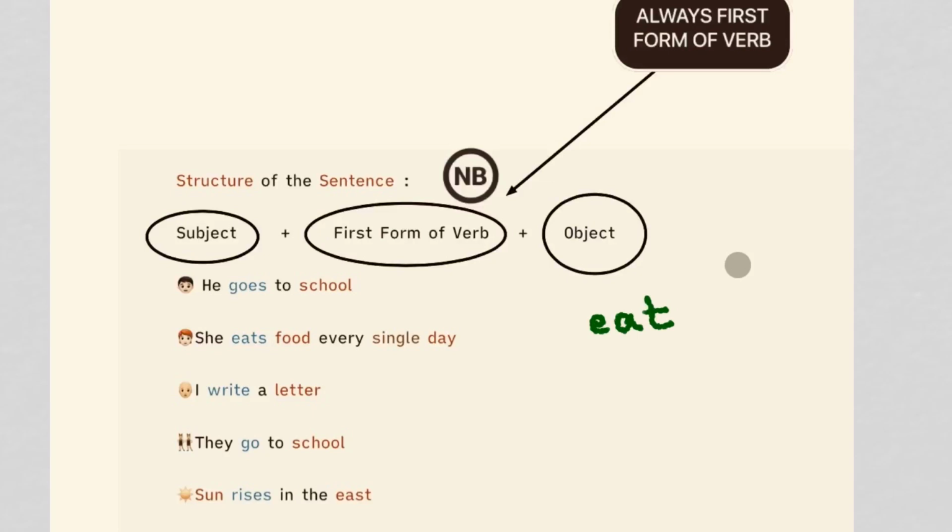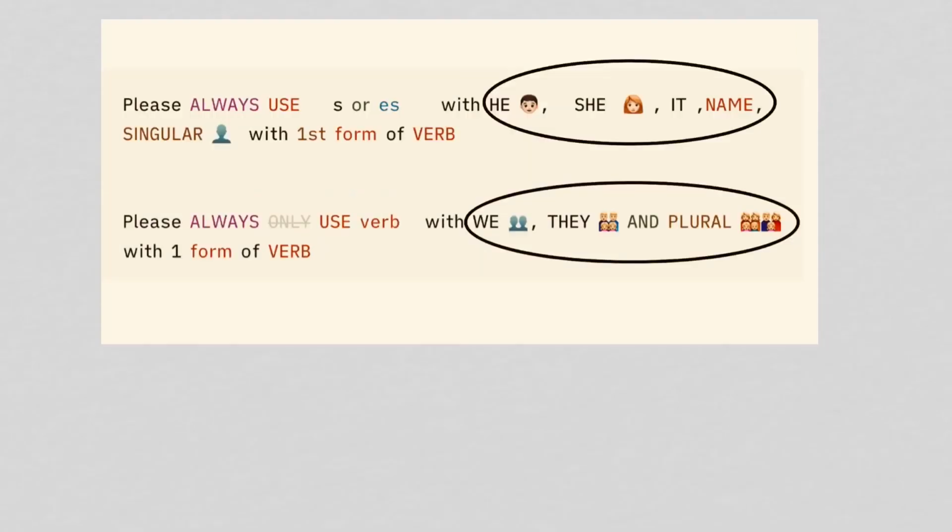Now with the second one, what you can see in the subject, we have got she. So like I told you before, with he, she, it, or name of any person, you will have the first form of the verb, and then what you got to do is write s or es with it.